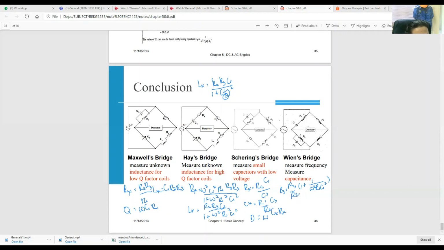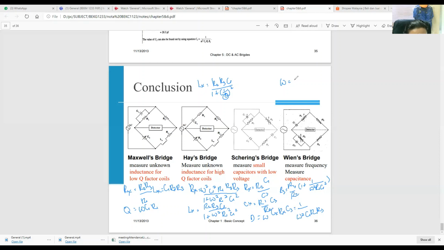You can also use the formula for C3, given as 1 over omega squared C1 R1 R3. From this maybe you can measure the frequency.